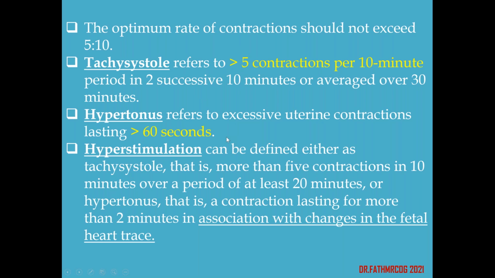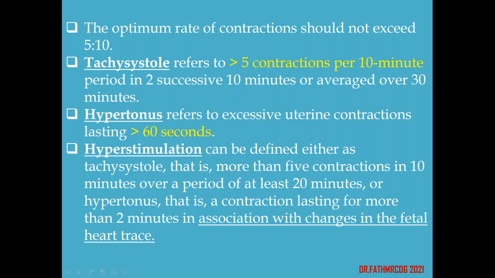If there is a problem in the duration, this is hypertonus, which refers to excessive uterine contraction lasting more than 60 seconds. This is the abnormal duration. So what is the difference between tachysystole, hypertonus, and hyperstimulation?